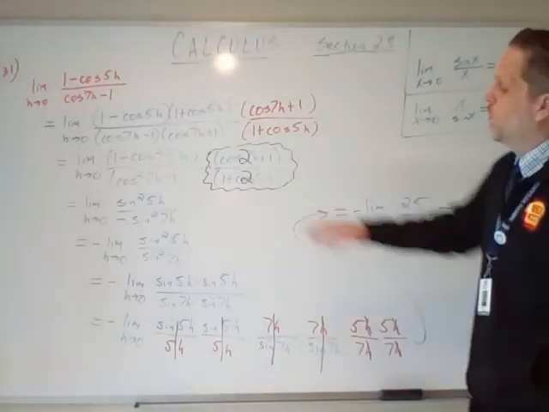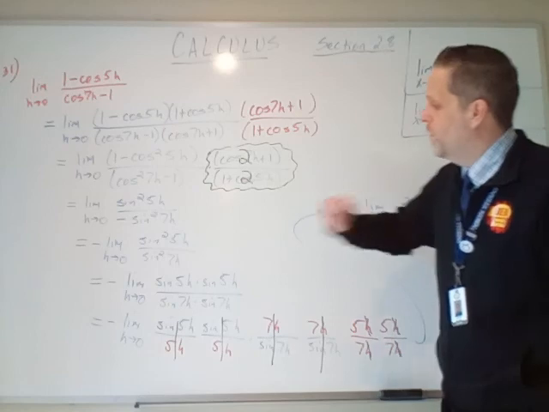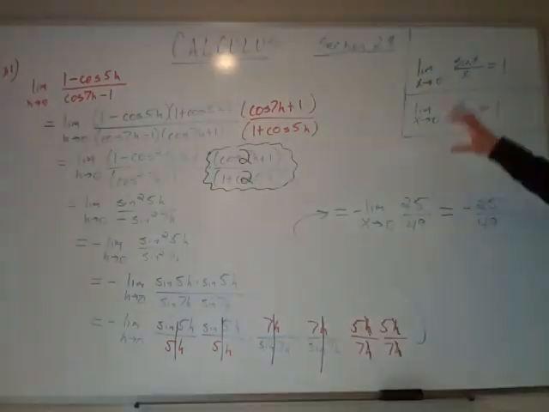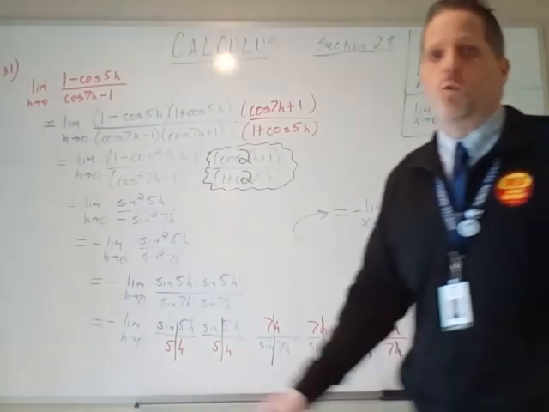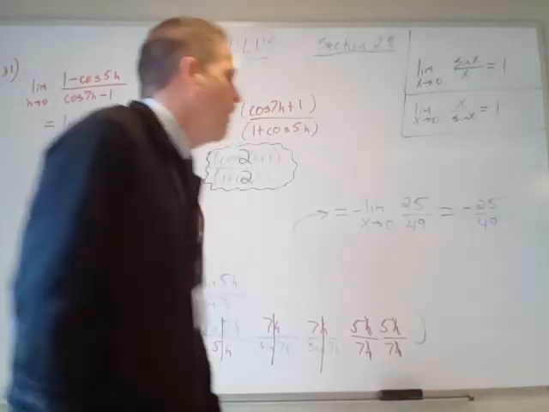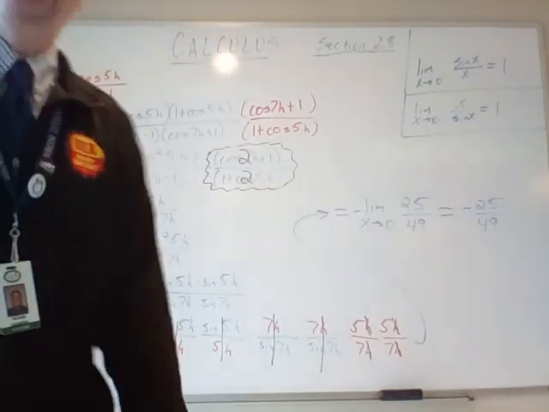We continue. We see we've got sines to deal with. We want to match them up to the theorem over here: the limit as x goes to 0 of sine of x over x is 1, and the limit as x goes to 0 of x over sine of x equals 1. Okay, and we got a real number answer, negative 25/49.